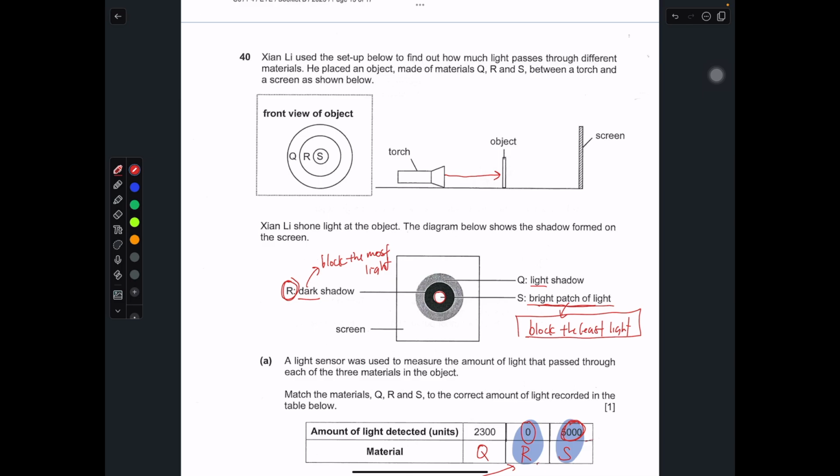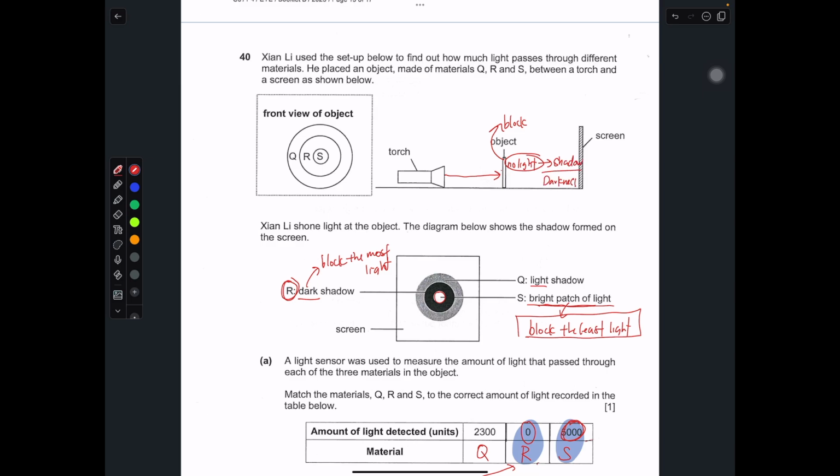So whatever object is placed in front of it, the light will just hit it. And if it's opaque, then no light will be behind. Because if it's opaque, this will block it. And this is the reason why you can see a shadow, because a shadow is an area of darkness.